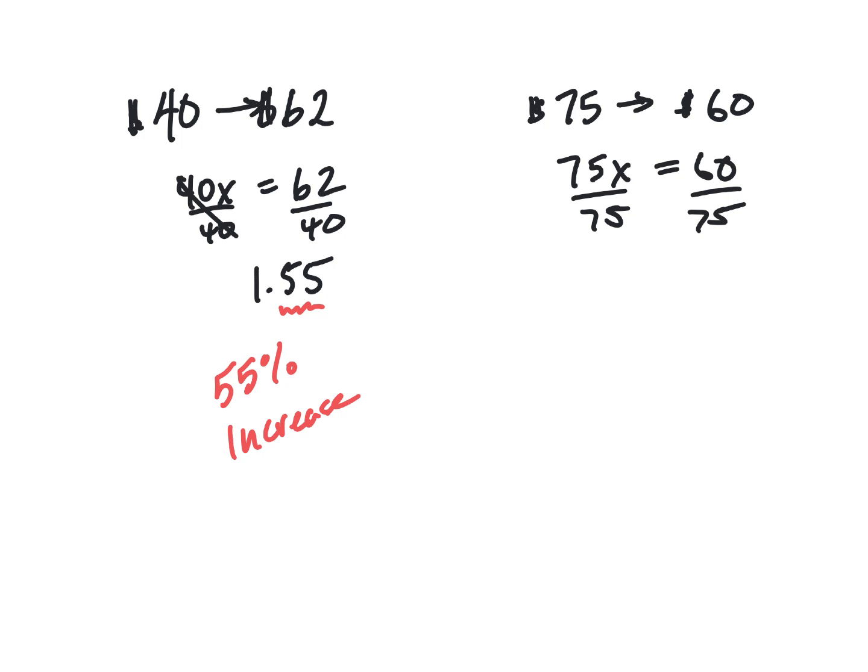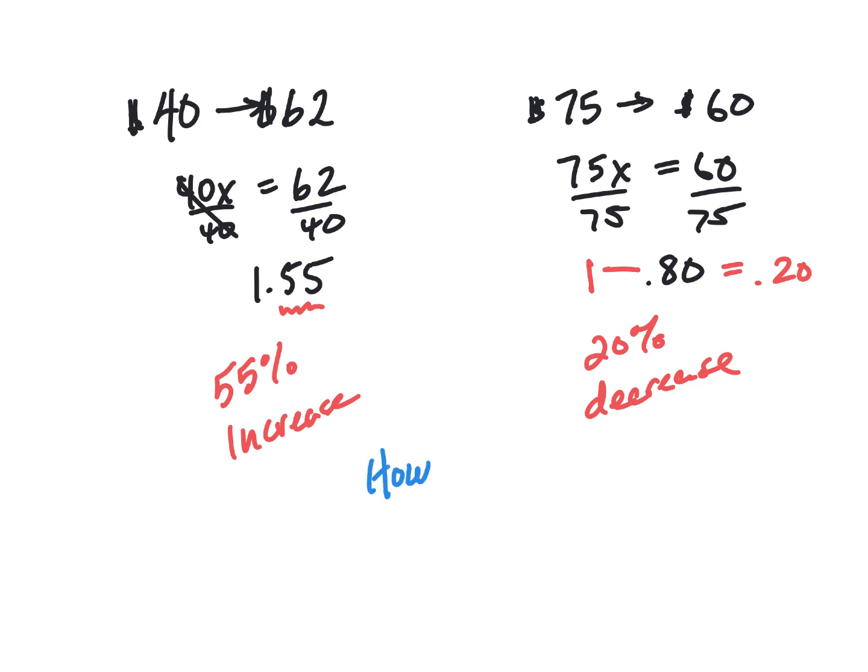Didn't mean for that to work out the same. Remember, because it's below, we do 1 minus that to calculate how far from 1 is it. It's a 20% decrease. Again, just ask yourself, how far from 1?